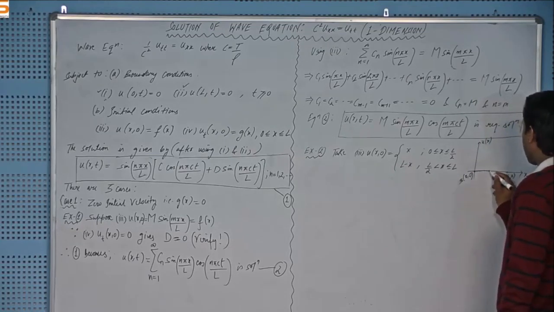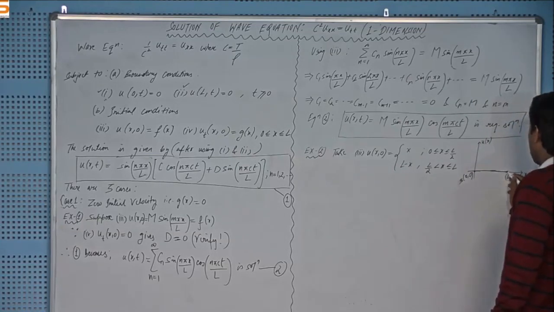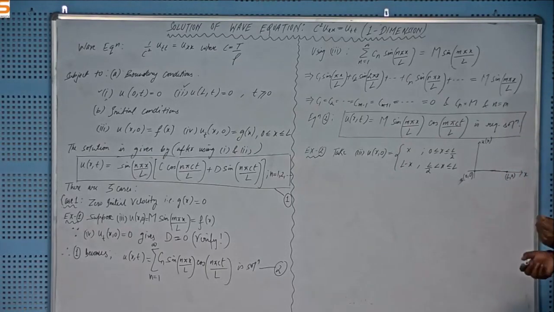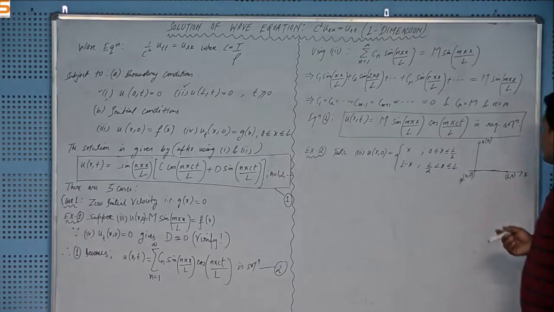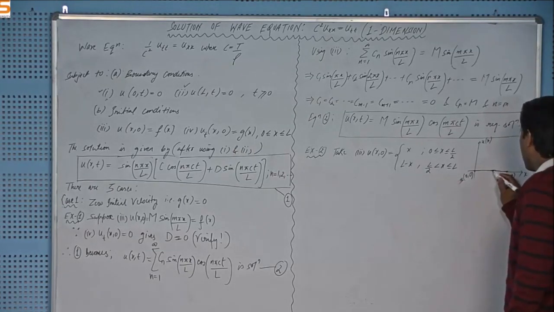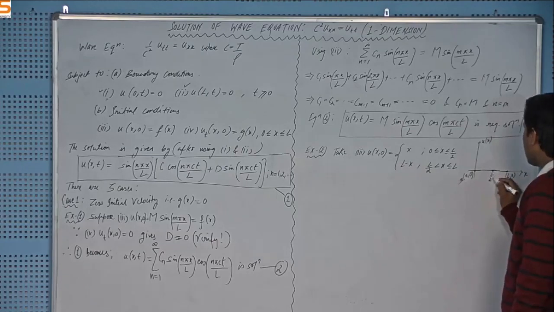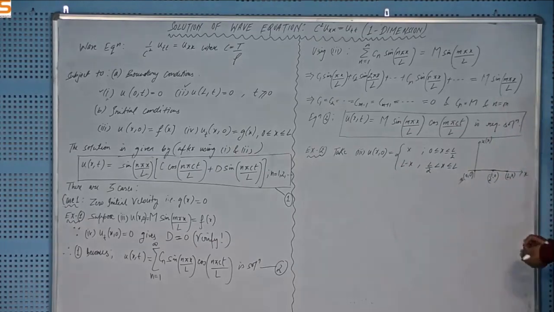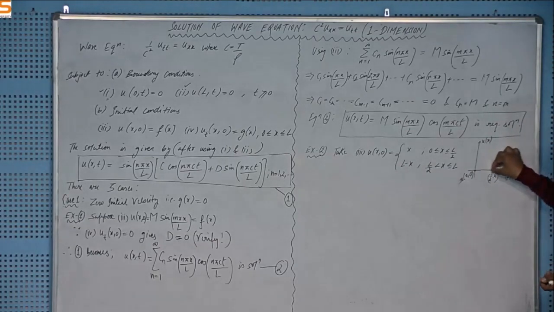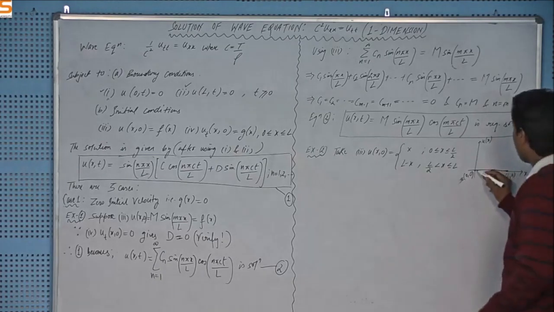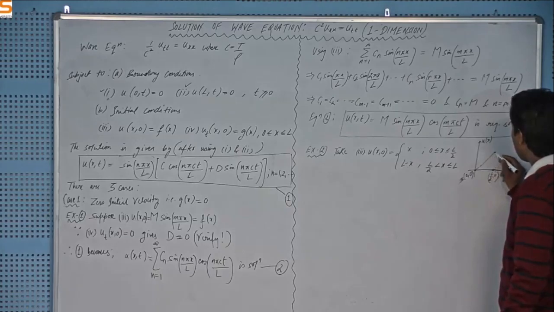Initially the string was over the x-axis. To start the vibrations, you pick up the middle point of this string here. This is L/2, and you just hold the string at its middle point and you pull it upwards, right? This way, the string takes this form.